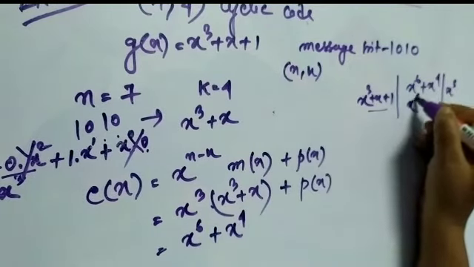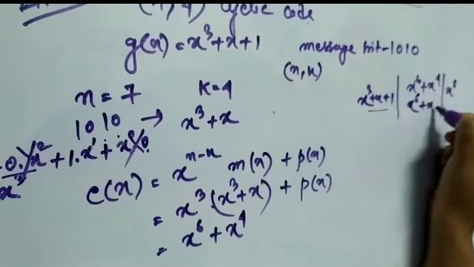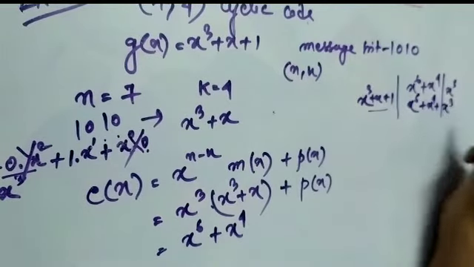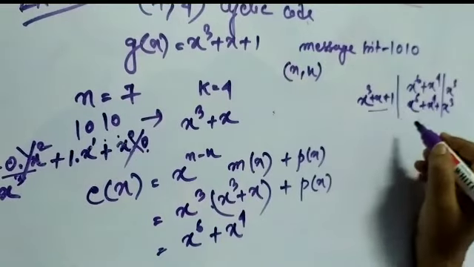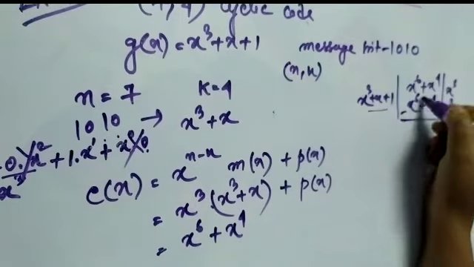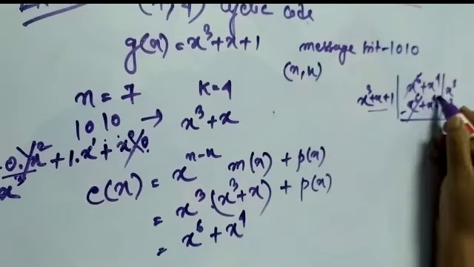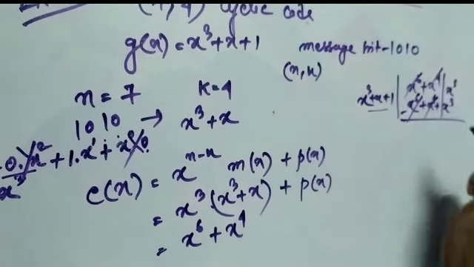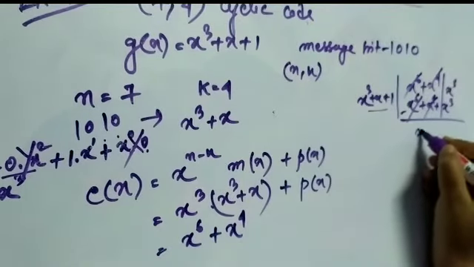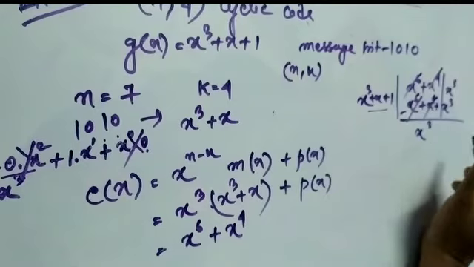So it will become x to the power 6 plus x to the power 4 plus x cube. Again I now subtract. These two terms are subtracted. These two terms are also subtracted. So it gives x cube.